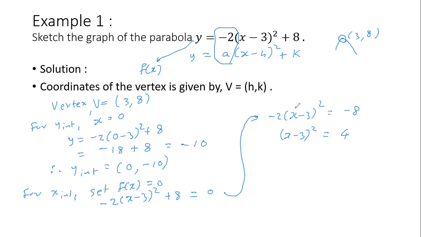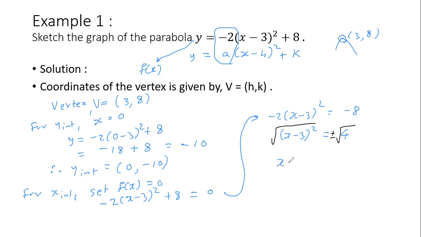Then take the square root on both sides. When you take the square root, don't forget to add plus or minus.